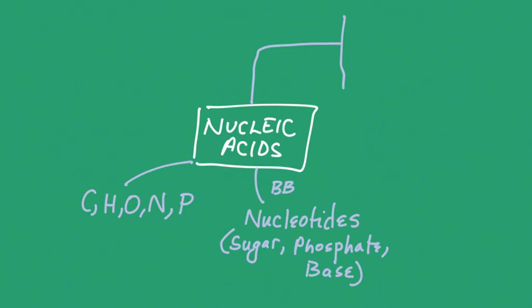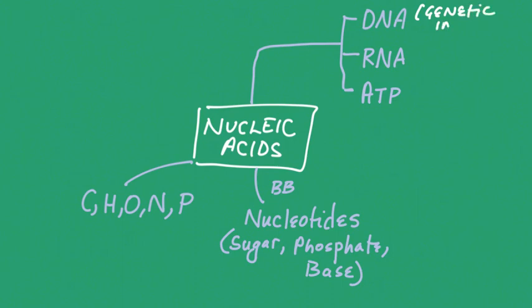You could have 4 different bases: adenine, guanine, thymine, or cytosine. The 3 classes of nucleic acids are DNA, RNA, and ATP. DNA is to carry genetic information. RNA is to carry out protein synthesis.